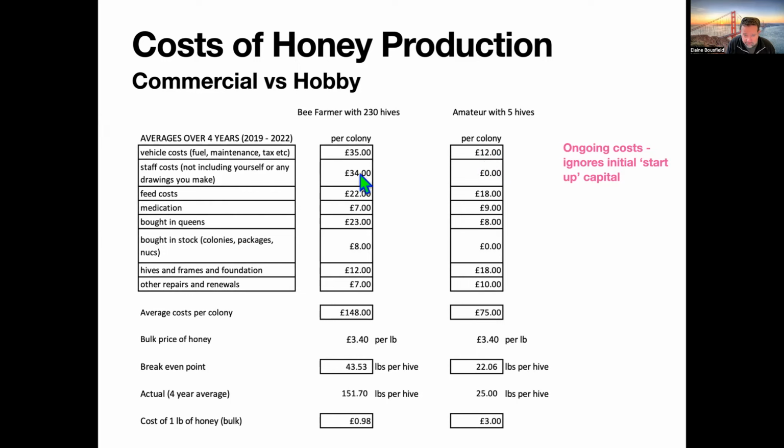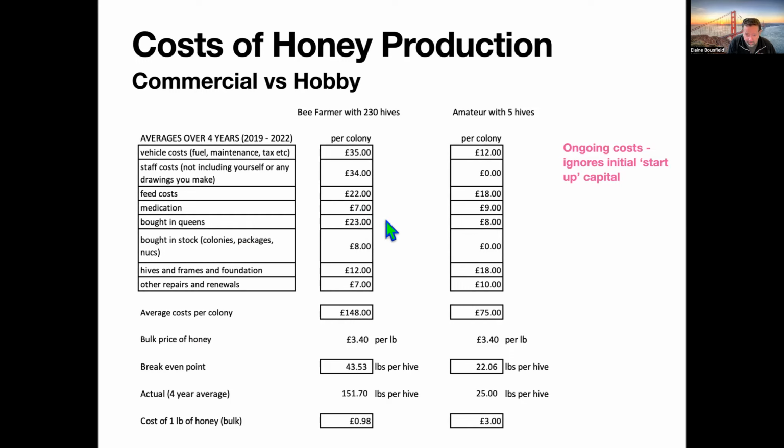Staff costs, bee farmer has them, hobby doesn't. Then there's feed costs, medication, and so forth. The bee farmer will have discounts on some of the things they buy. So they'll definitely get discounts on varroa treatments and sugar, but they may typically use more of that stuff than the hobby beekeeper.